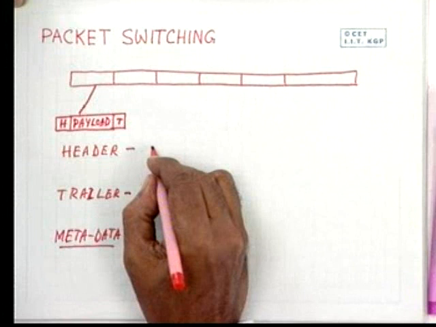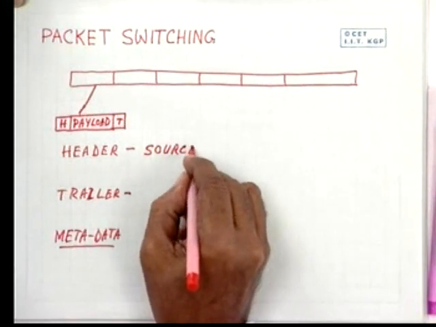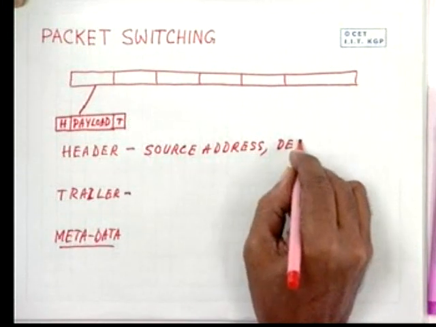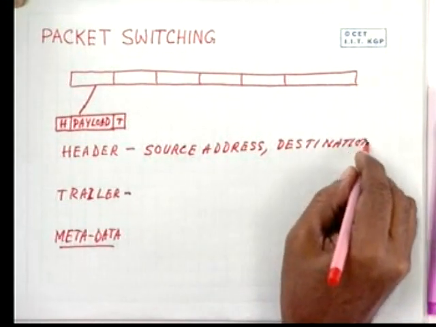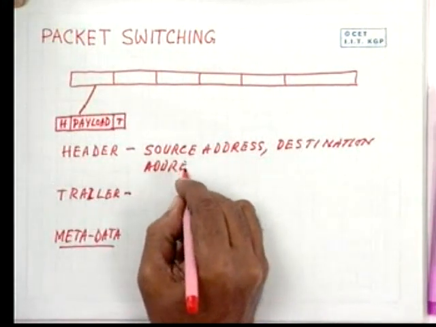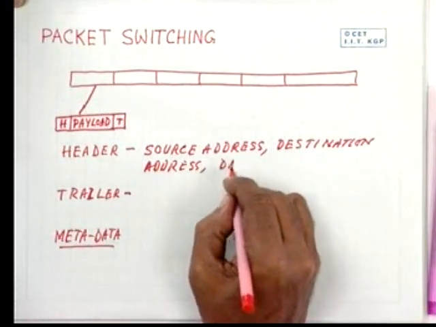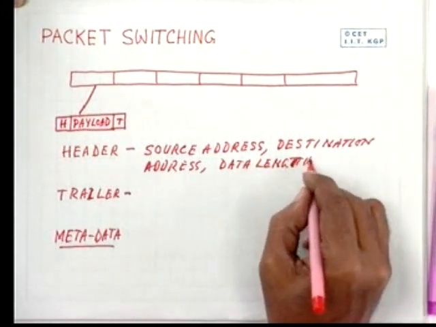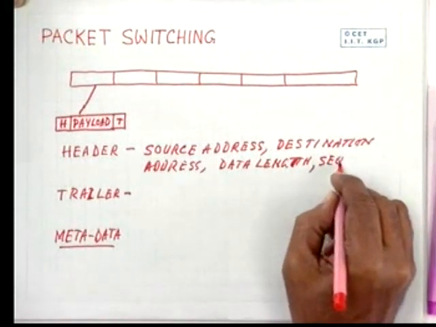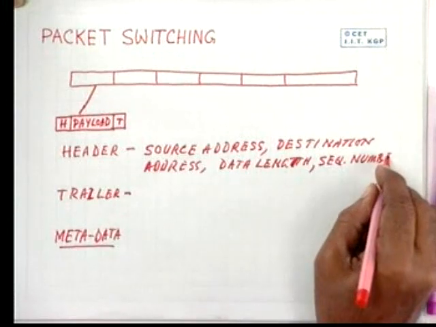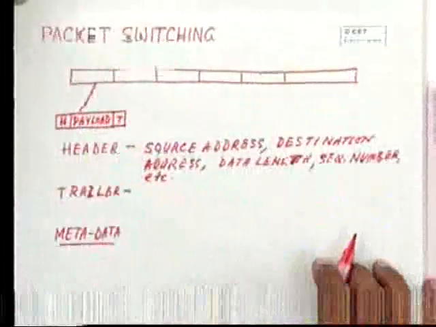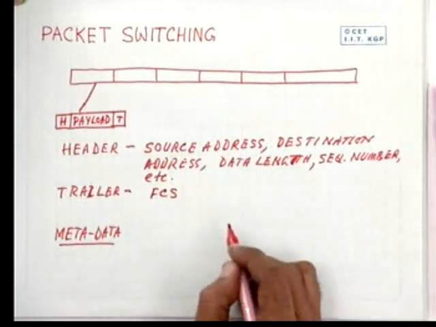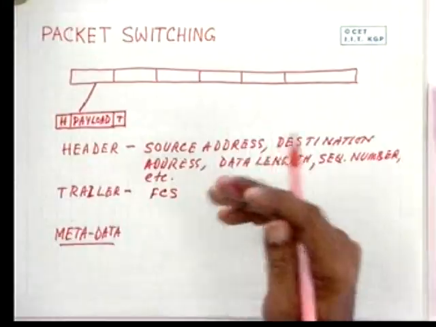The additional information can be source address, destination address, then your data length, and sequence number, etc. The trailer is usually provided with a frame check sequence, which is used for the purpose of error detection.